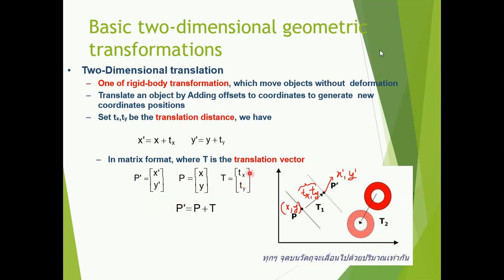In a simple, general equation, P dash, the new point generated, is equal to P plus t: the original point position P in column vector format, plus the offset value, also represented in matrix format. This is how you represent the 2D translation.